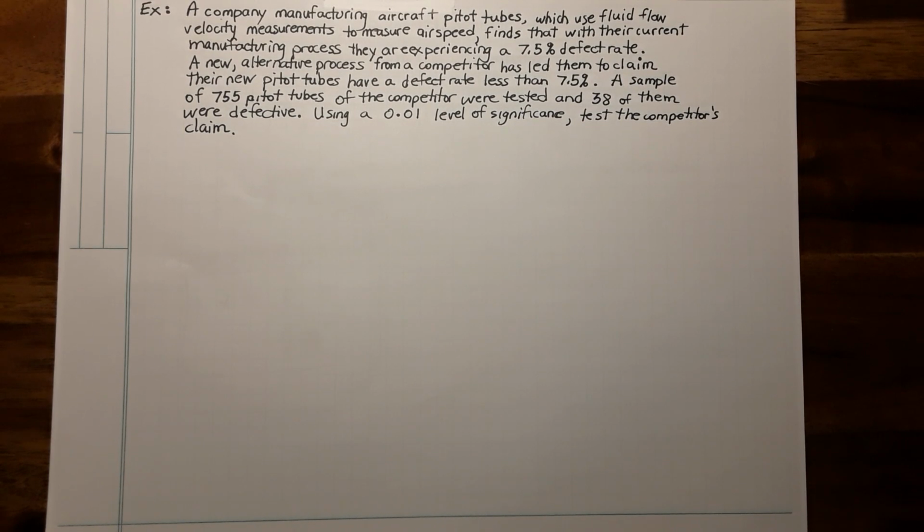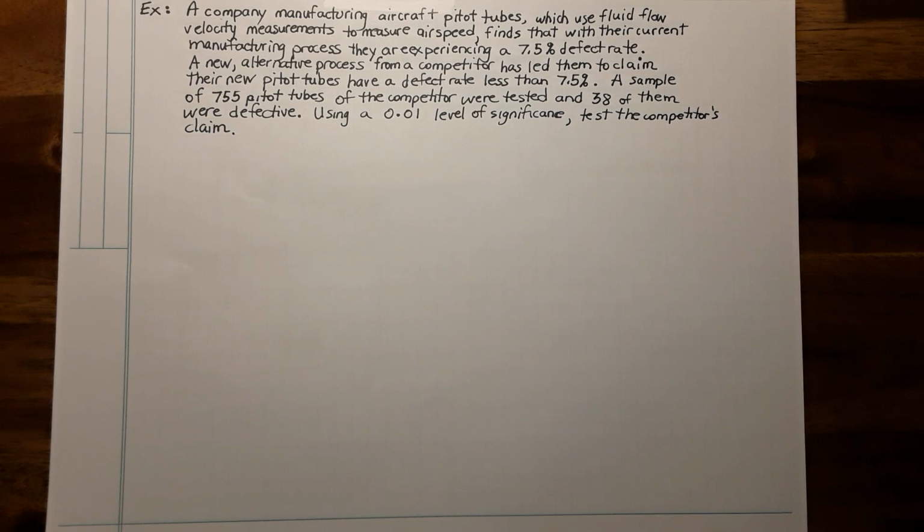Using Bernoulli's equation, you can come out with the airspeed of the aircraft. They find that the manufacturing process that they are using gives a 7.5% defect rate. And of course, that's relatively high, so they want to test other alternative processes.